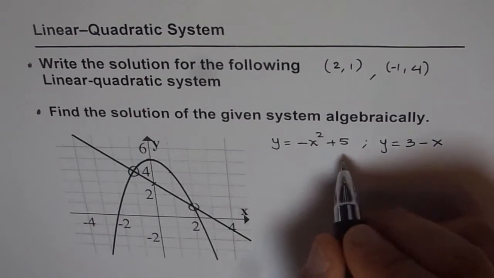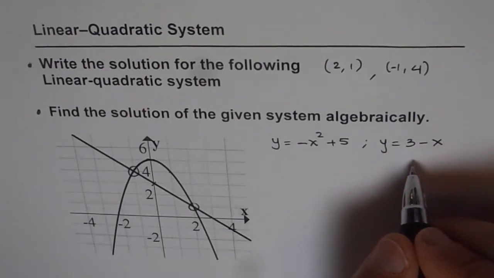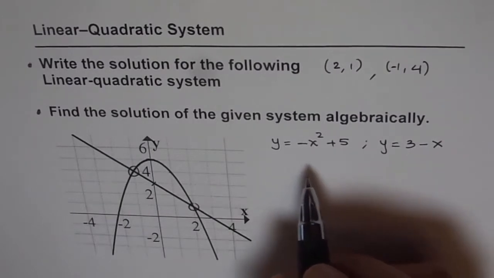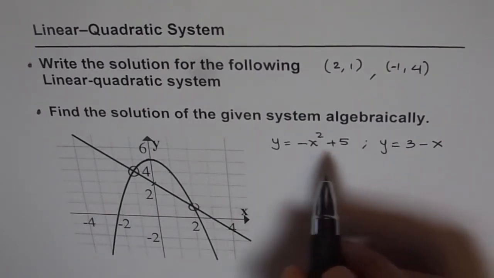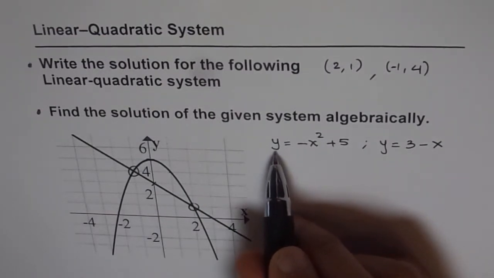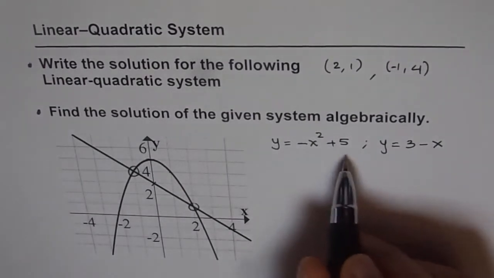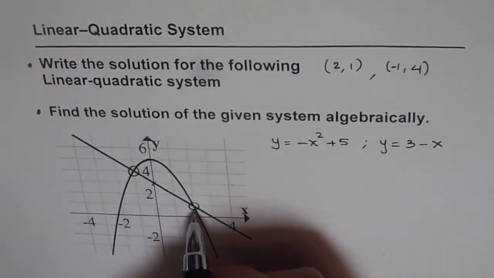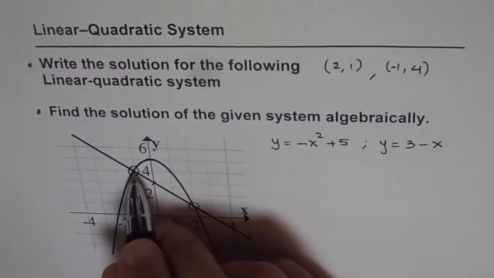So that is the first part, and that is kind of the tricky part, right? Now the second part is to find the solution. Solution here means common points, the points which are common to both. That means for the same value of x, they have the same value of y. So we can equate these two equations, right? At the point of intersection between the line and the parabola, the y values are the same.